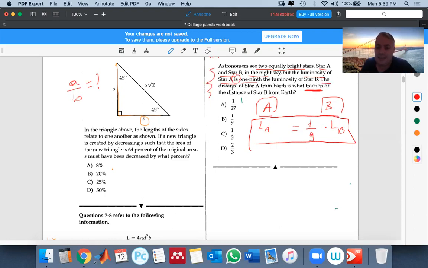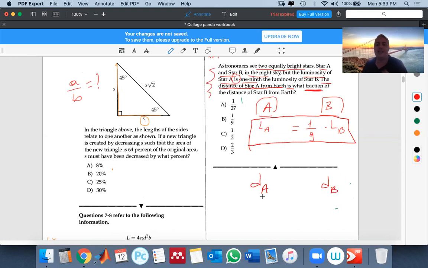Now the question says this one. The distance of star A, let me call it dA. The distance of star A from the Earth is what fraction of the distance of star B from Earth? The distance of star B from the Earth, dB, I am saying.